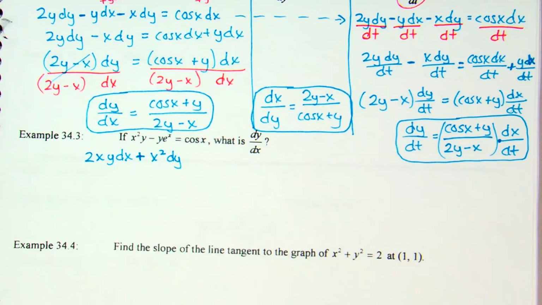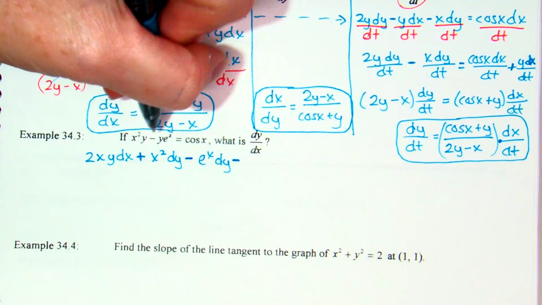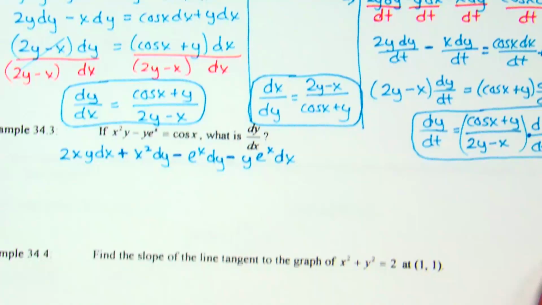Because I was subtracting this term, I'm going to subtract the next piece. Now I'm going to keep the y, the derivative of e to the x, still e to the x, times dx, because it was derivative of an x term. So even though it didn't change at all, we still took the derivative of an x term. It changed, but yet it didn't change.